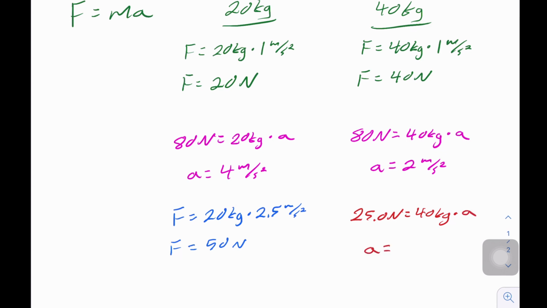So we can divide this out, and the result that we're going to get is 0.625 meters per second squared is where we're going to be on our concepts here, right? So here we have two concepts for the first two bullets, and we have two quick calculations for the last two.